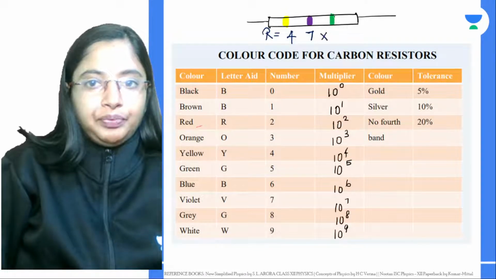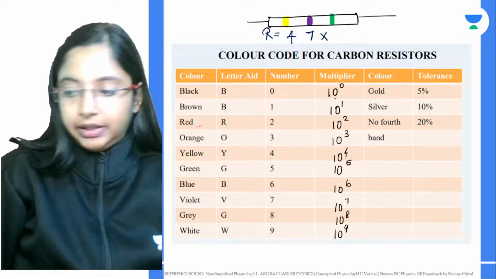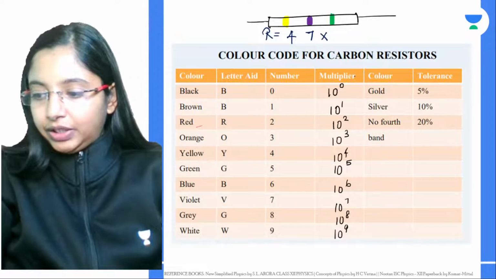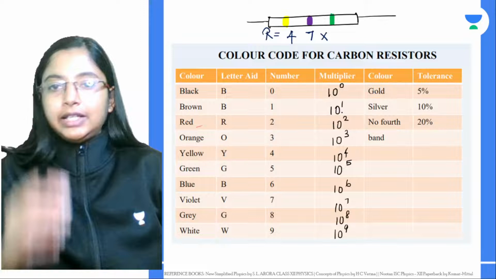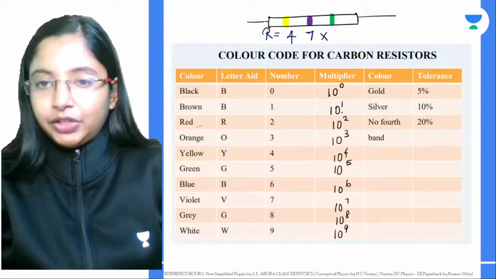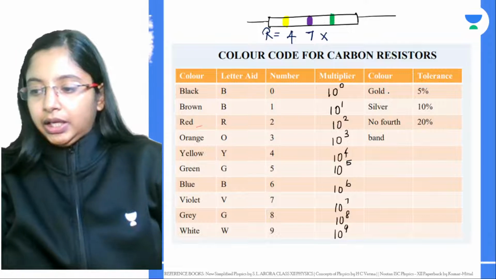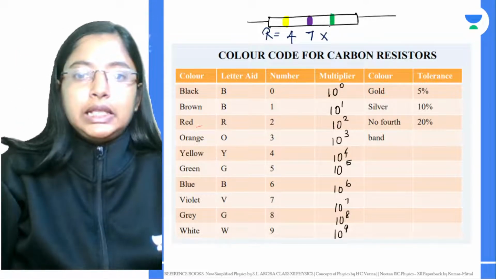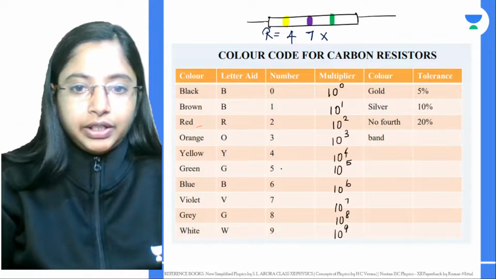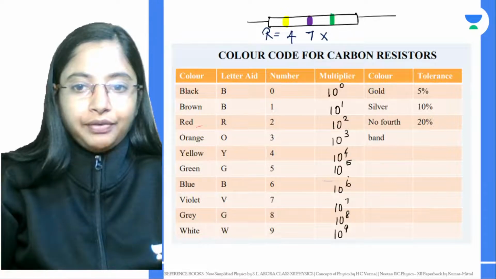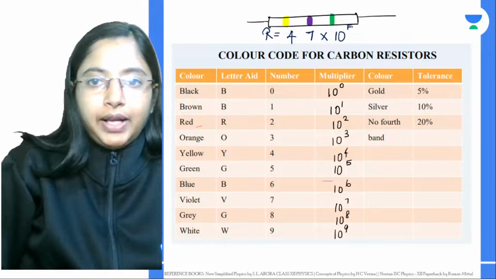The third band will always indicate the power of 10 with which these 2 digits have to be multiplied. So this green over here indicates 10 to the power 5. The value is 47 into 10 to the power of 5 ohms.